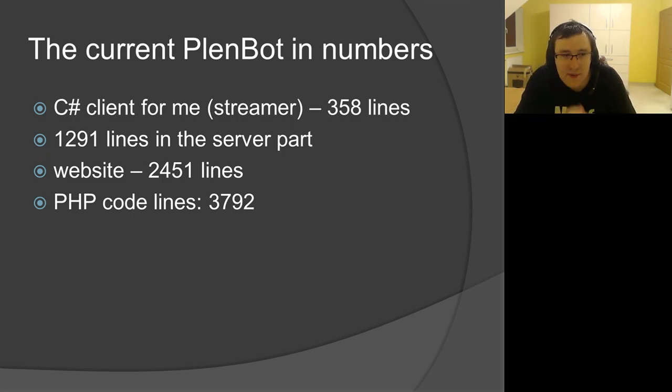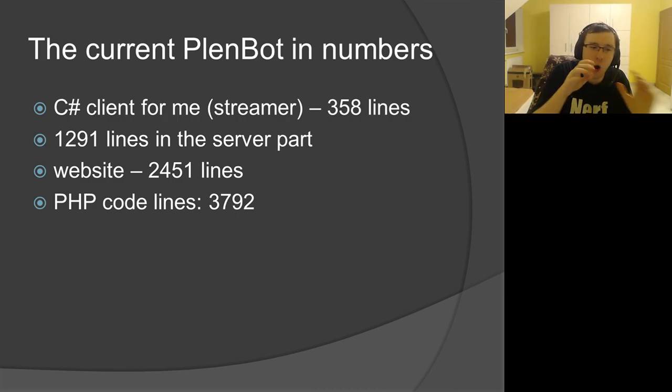The website is almost double the lines of the server part, mainly because it also contains the framework. I'm displaying it in a certain way, so I need to create a table, to create a row in the table, to create a cell in the row which is in the table. This all requires a lot of lines of code, a lot of whiles, just going through the data.